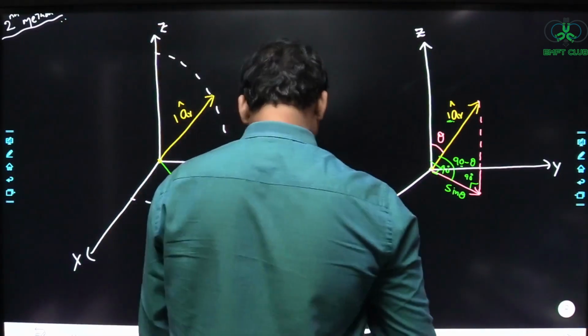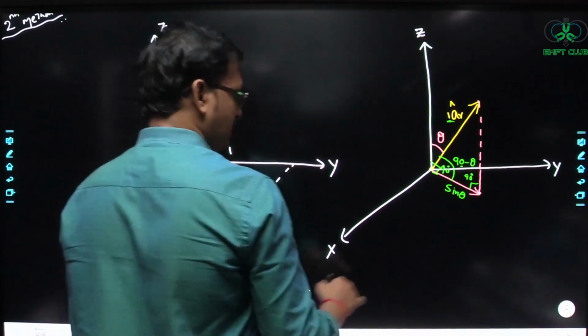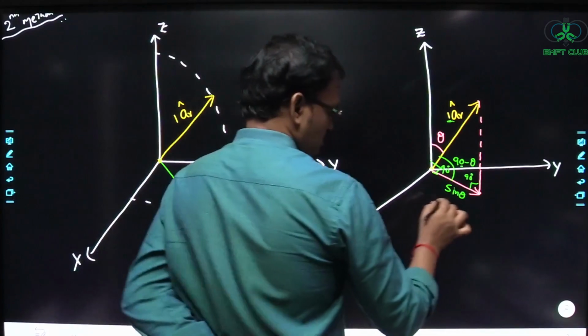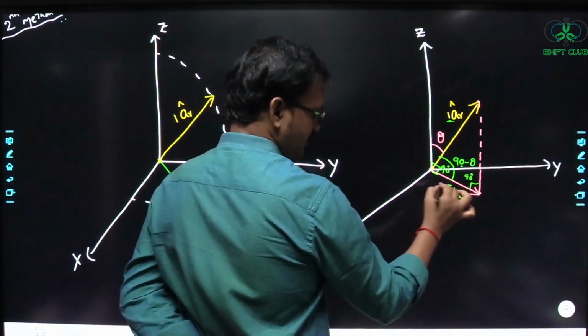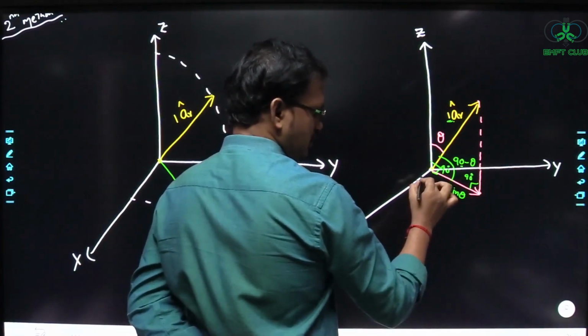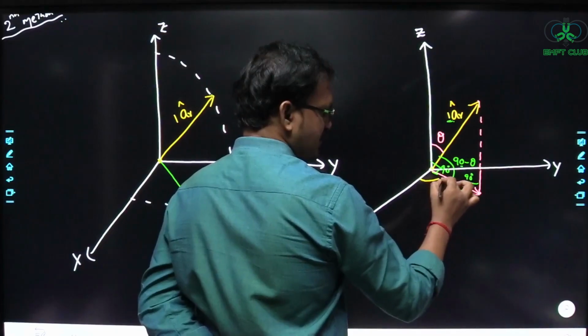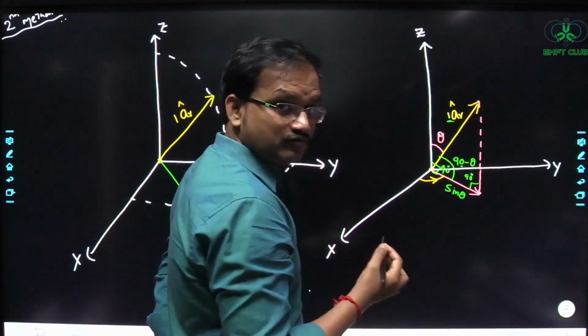Now see here. This vector is in the XY plane. The angle between the x-axis and this vector: this component is present in the XY plane, so we know the angle with respect to the x-axis is nothing but phi. Yes or no?